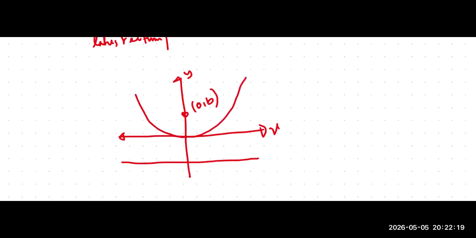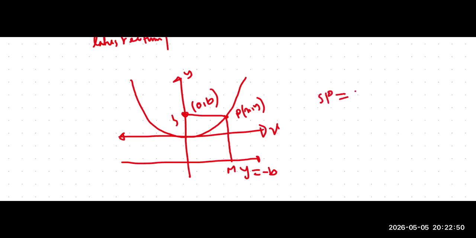And the relation is again the same: any point P(x, y) will be on this parabola if the distance from that point to the focus is equal to the distance from that point to the directrix line. In this case, our directrix line is y = minus b. So SP is equal to PM.